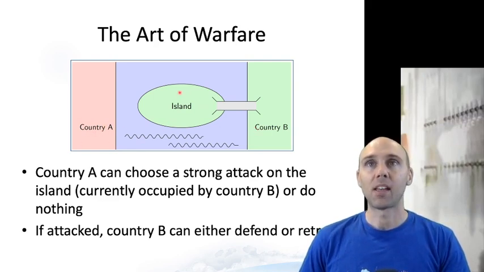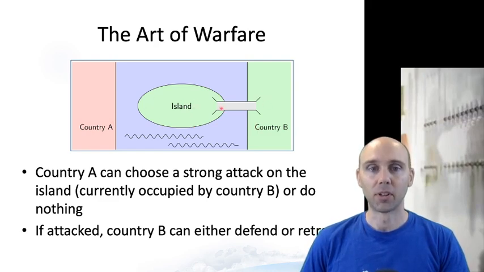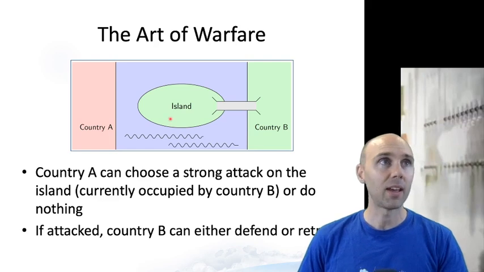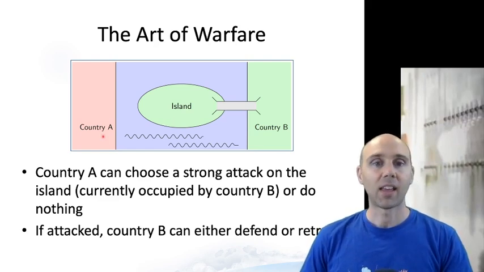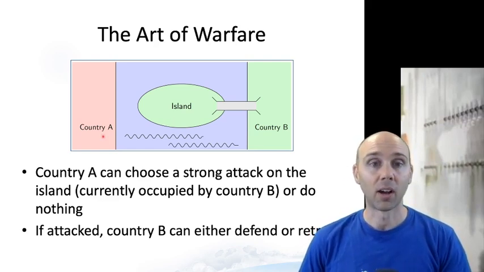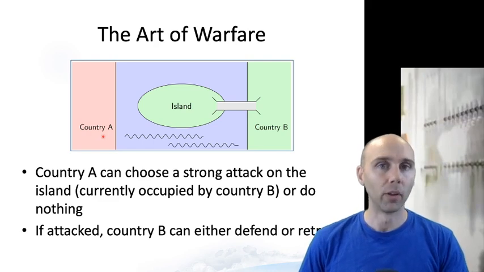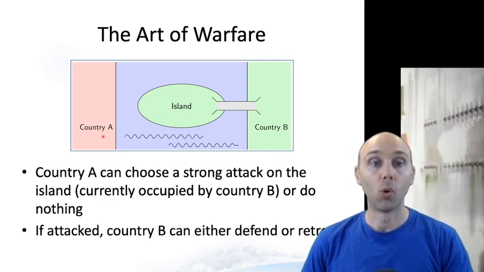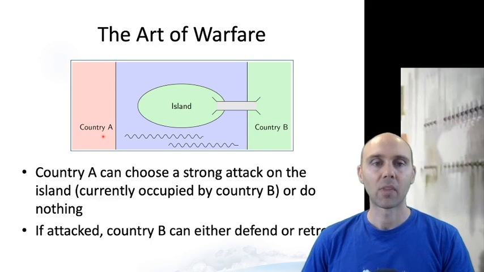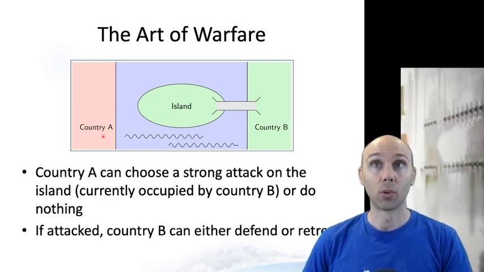Country B has a castle on the island and lives over here. There's a bridge. So country A has got two choices. It can launch a strong attack on the island, investing all of its forces, or it can do nothing. Country B can choose to defend against this or retreat.